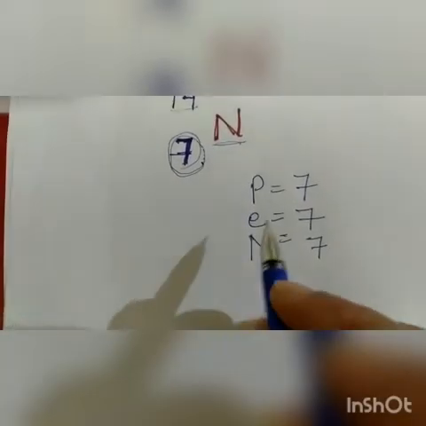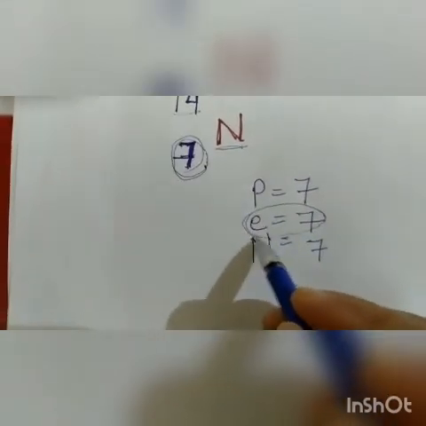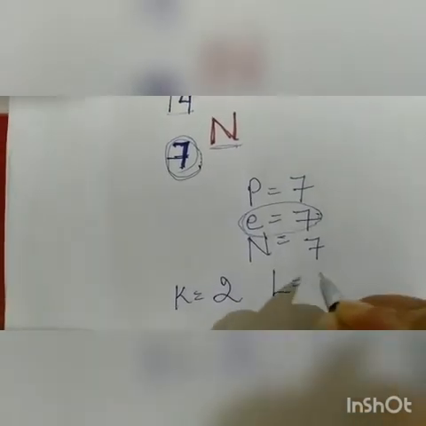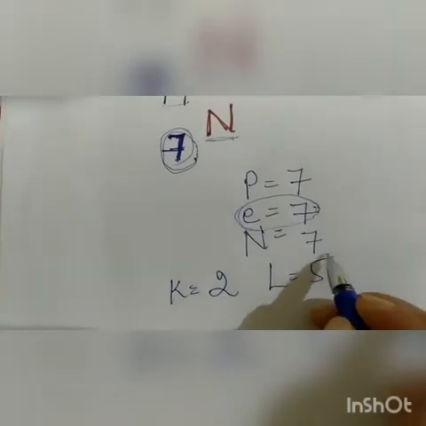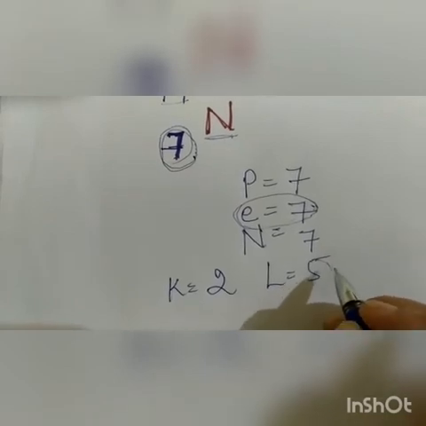What is the electronic configuration? We can write it by knowing the number of electrons. In the K shell, there are 2 electrons. In the L shell, there are 5 electrons. So the valence electrons are 5. What is the valency? There are 5 electrons, and there should be 8 electrons in the last shell. So it will gain 3 electrons, so valency will be -3.